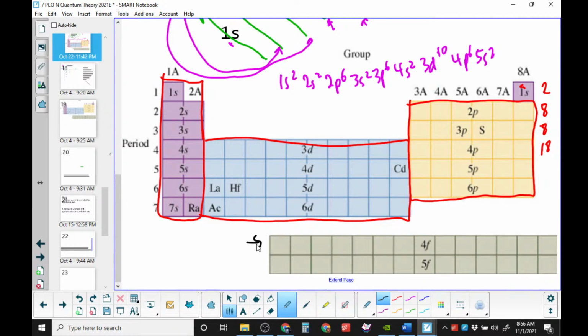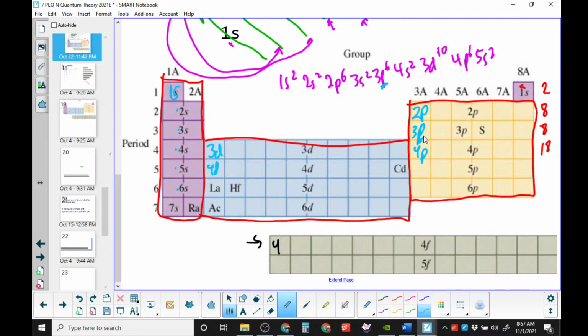I don't think we're ever going to use f, so technically that'd be 4, but 1, 2, 3, and this is S, P, and D. And then it just continues down from there. 2S, 3S, 4S, 5S, 6S, 3D, 4D, 5D, 6D, 2P, 3P, 4P.